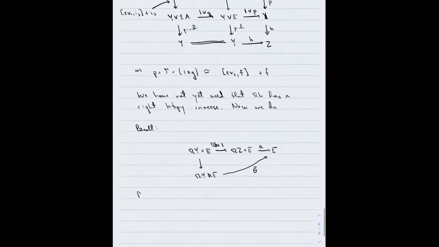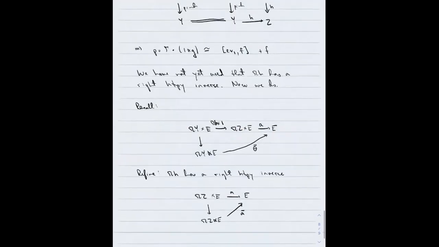Okay. Well, we can refine this a bit now. If loop H has a right homotopy inverse, then when we look at this action and we restrict to loop Z, it will be trivial because loop Z into E would be the same as first going back into loop Y and then going into E. So we could adjust the quotient map and then we can adjust the choice of theta bar.